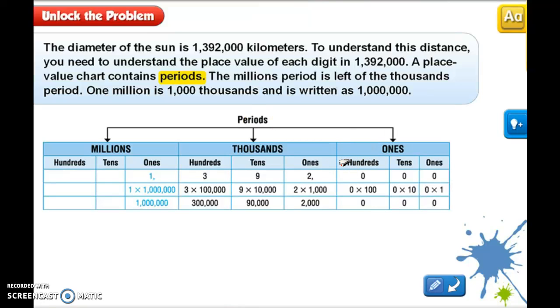Okay, now we're going to move into the thousands period, and in the ones place is a 2. So 2 times 1,000, and you'll see below that that equals 2,000. In the tens place, in the thousands period, we have a 9. So 9 times 10,000 is 90,000.